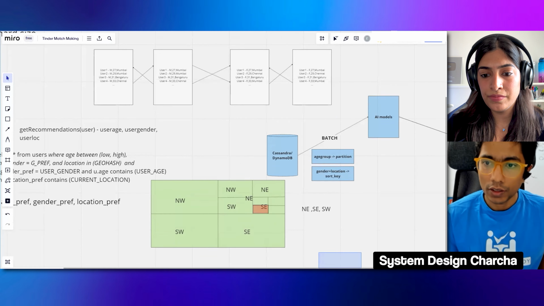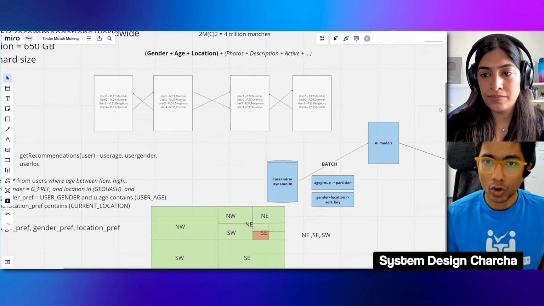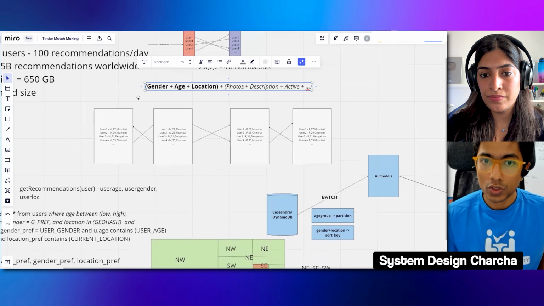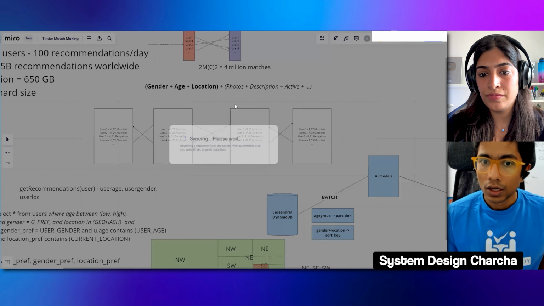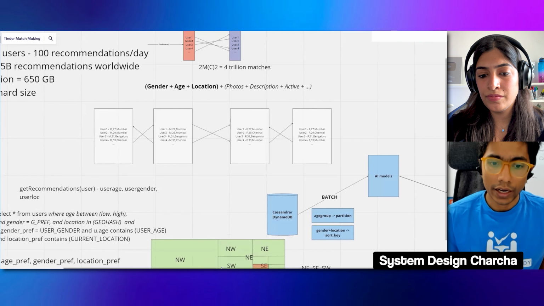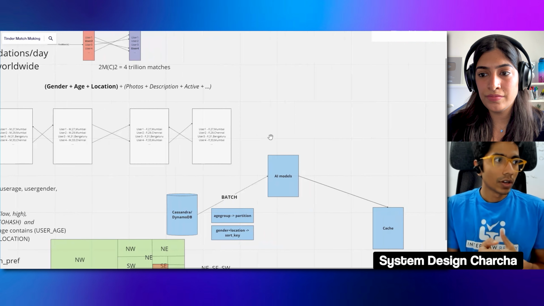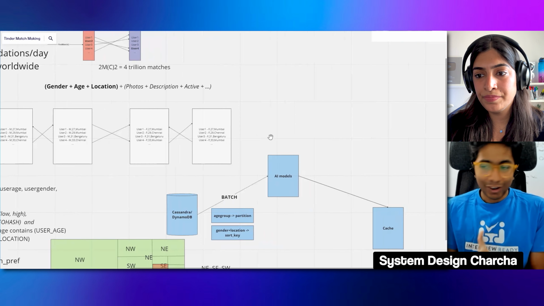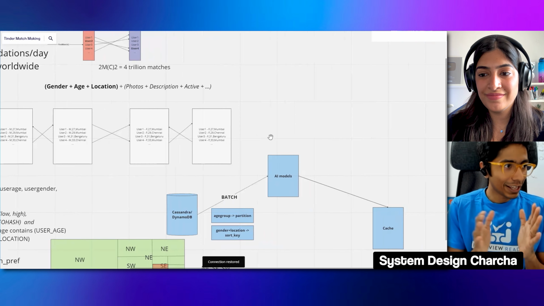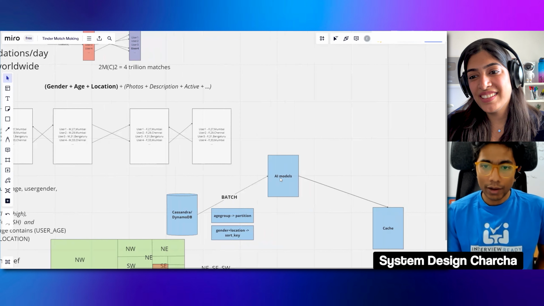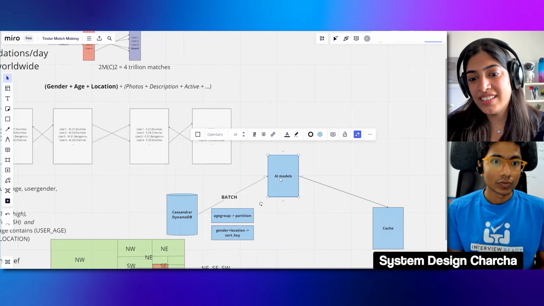There's a lot of magic happening behind the scenes that we are not talking about, like how photos are converted to tags. I don't think we have mentioned image processing. But that's not part of the system design discussion. You can process images, and through AI models, you can categorize them.